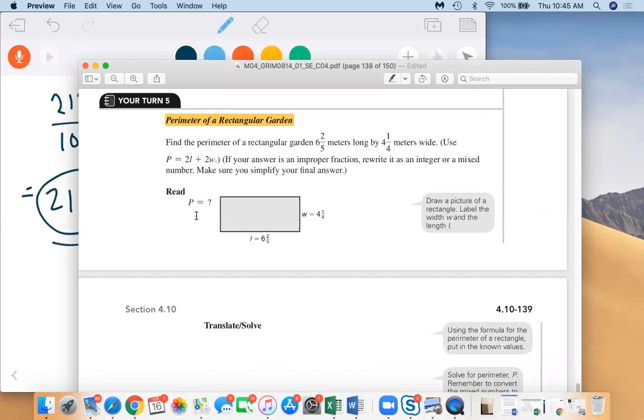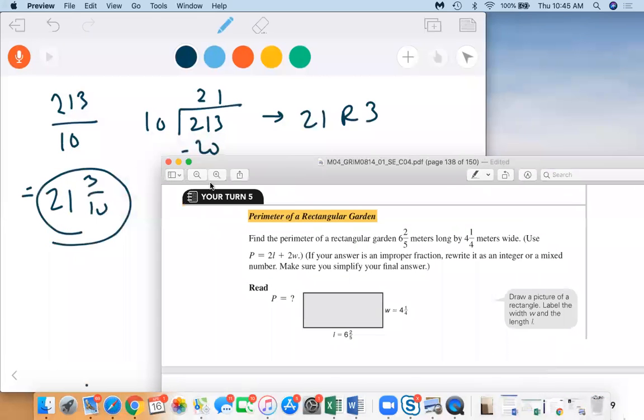So it's not unrealistic that 21 and 3/10 would be our total answer if we include those fraction parts. That answer is in the realm of reality. It makes sense, so that's probably the answer. So we're good to go. Does everybody see that? I just estimated it quickly by looking at the whole number portion. Okay. Any questions about that one?